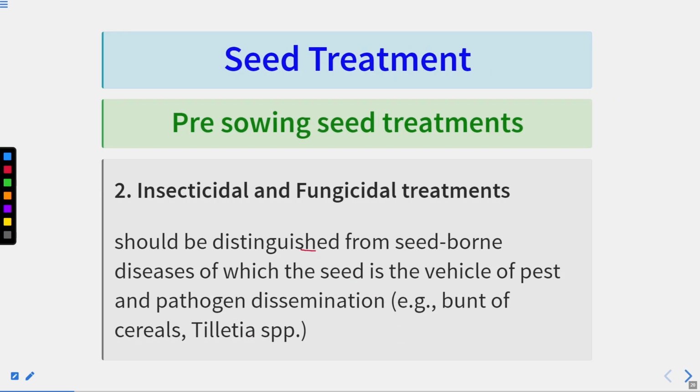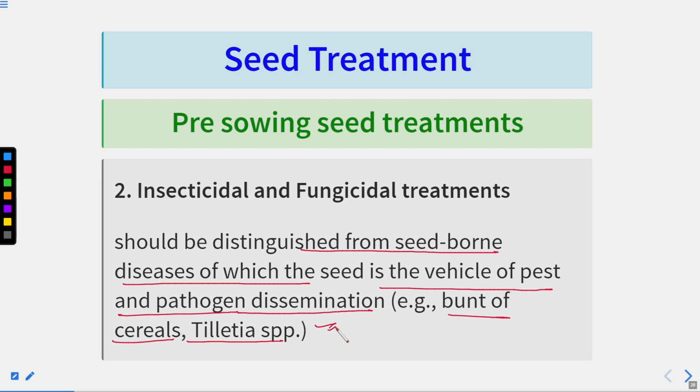This should be distinguished from seed-borne disease, in which the seed is the vehicle by which the pest and pathogen are disseminated. That is the bunt of cereals, Tilletia species. There are many seed-borne diseases, and cereals can have bunt disease. You have already studied this in the disease part.